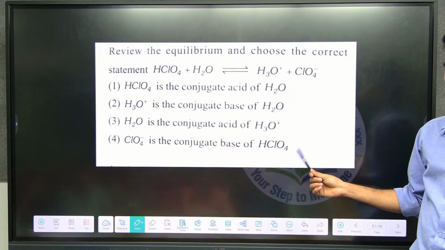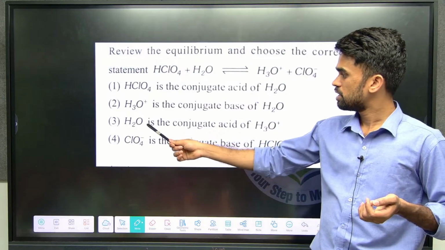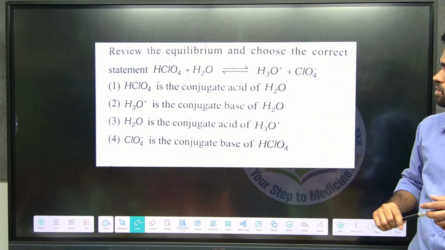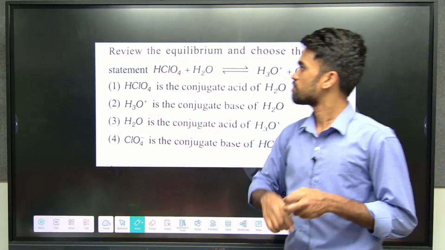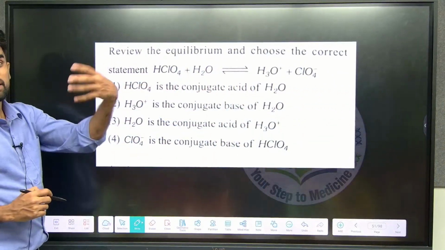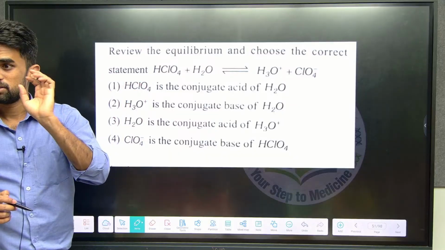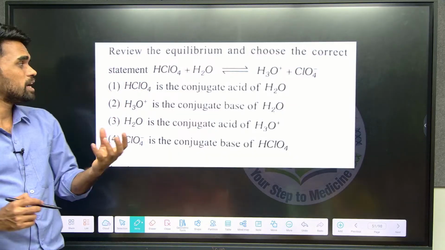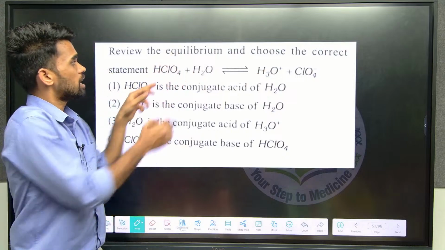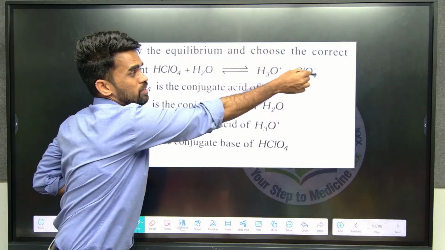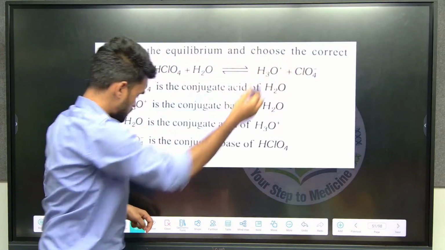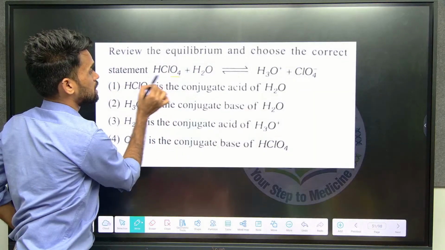This is correct only now? Correct. Next, this one, H2 is a conjugate. See, what do conjugate acid base pairs differ by? Proton. So after releasing a proton, the respective anion will be called the conjugate base. See, here it is releasing a proton now.